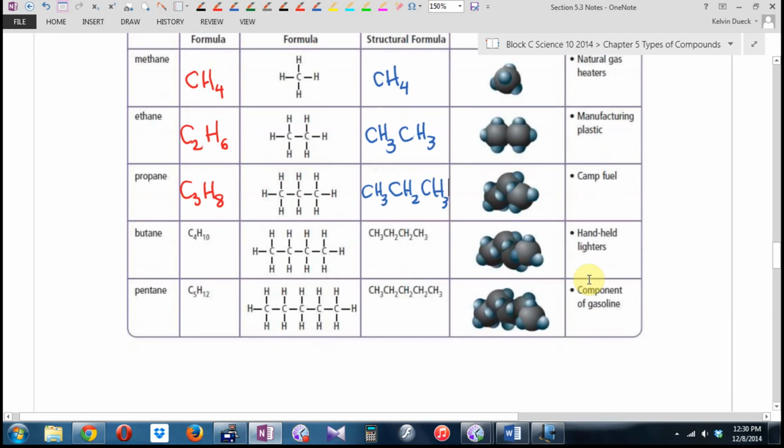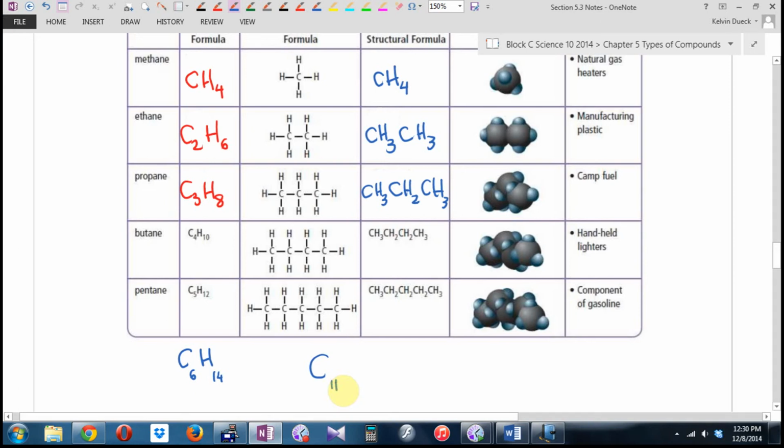Can anybody spot the pattern and see what C6 would go with? What about C7? So here's my question. What would C11 go with? Now, you've been going up by 2.